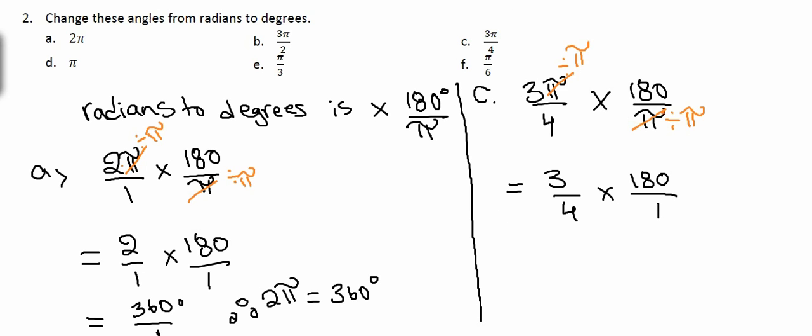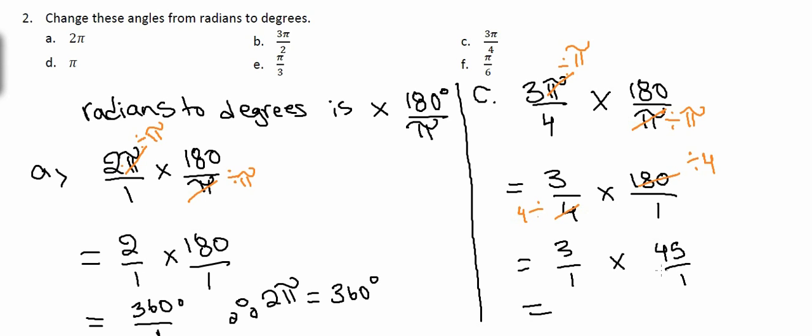Here's another shortcut for you. Again, 4 and 180 are also on a diagonal, which means that I can reduce them as well. And luckily that will work for us. So I can divide 4 by 4, and then I can divide 180 by 4, and that leaves me with 3 over 1 times 45 over 1, rather.